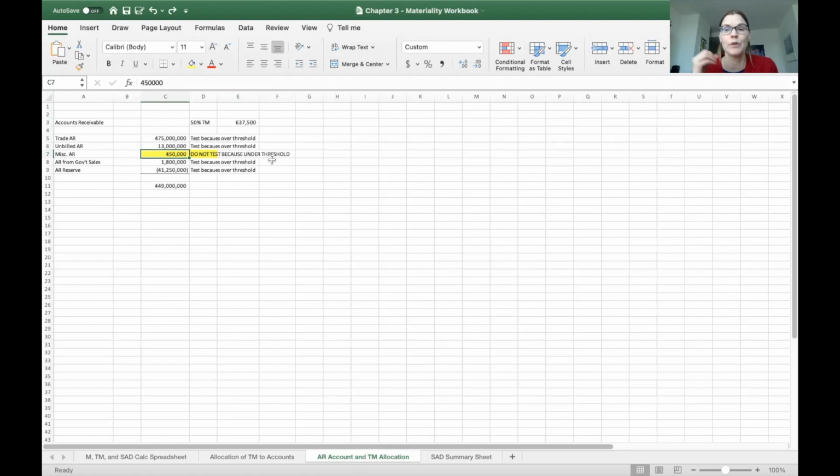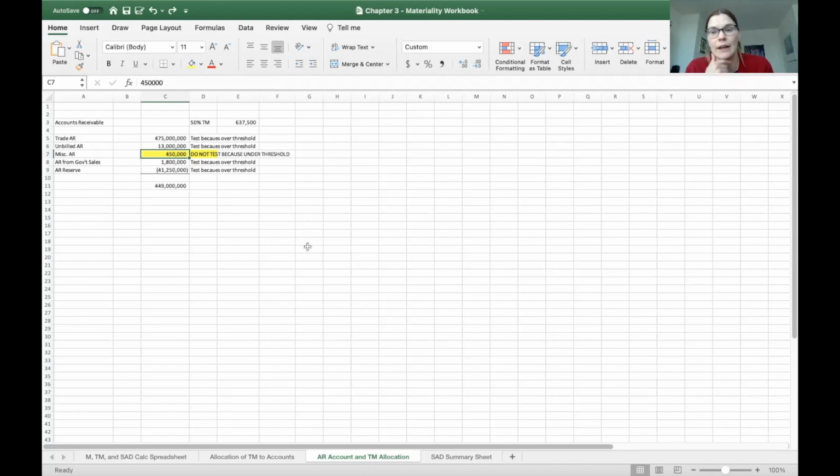Again, if this was a really big number last year and now suddenly it's small, we would want to test and understand the change because the change is material. But if this miscellaneous AR balance is constantly pretty small, then it's not something we're going to be terribly worried about. So when I go and perform my procedures, I'm going to be focusing on these two accounts, and I'm not going to be spending time on this guy because it's immaterial to me.